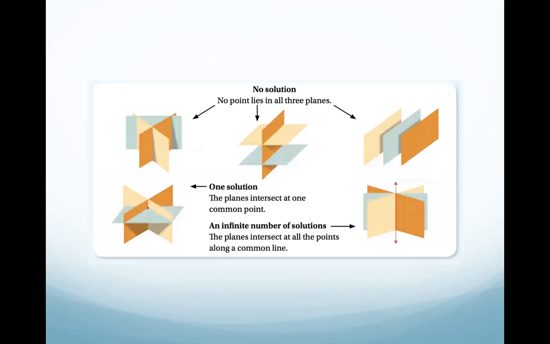We're going to be working in 3 dimensions. So we looked at what does it mean for equations to be in a system. Equations with 2 variables are lines that cross each other. Equations with 3 variables are planes that cross each other. So now what we're looking at is, essentially think about 3 sheets of paper.